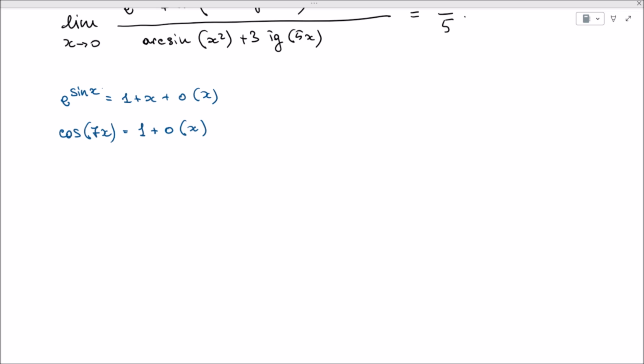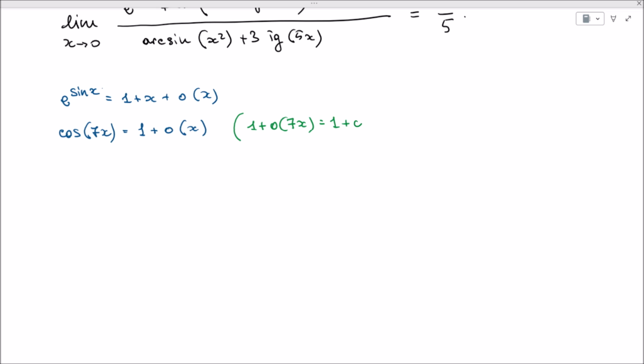Well, we can prove this if we are not convinced. The first expansion would be 1 plus little o of 7x, but by the properties of little o, we know that this is just like saying 1 plus little o of x, and this proves the expansion.